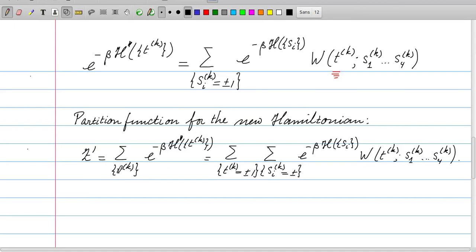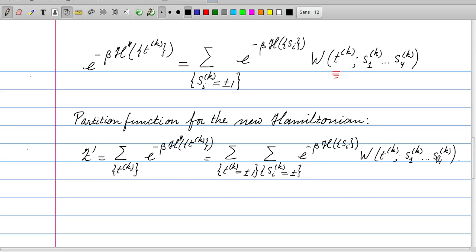I just sum over all the tk's and I get this expression. And now I fill in the definition of this new Hamiltonian. So here I have to sum over the sik's being plus or minus 1. And then here is my e to the power minus beta h in terms of the fine-grained spins. And here I have the w.